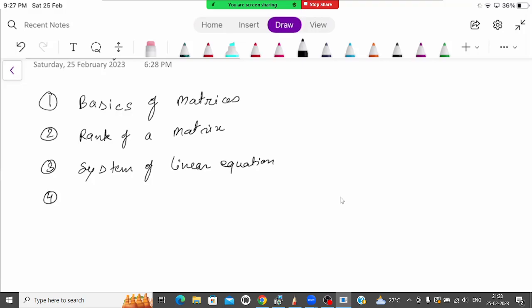Fourth one would be eigenvalues and eigenvectors. Fifth topic would be special matrices.